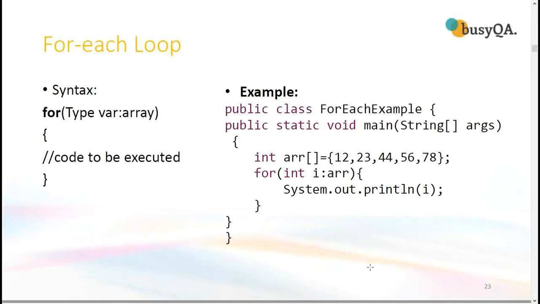Now, to create an array, this is the syntax. An array can be an integer if you want to store numbers, integers in that array. An array can be a character if you want to store characters inside that array. Array can be a string if you want to store strings inside of it. It can be a double if you want to store decimals inside of it.